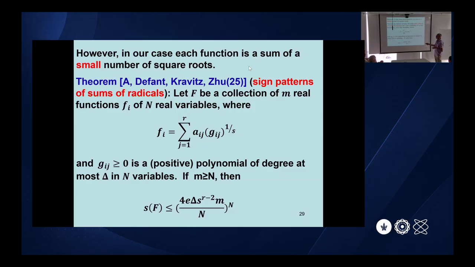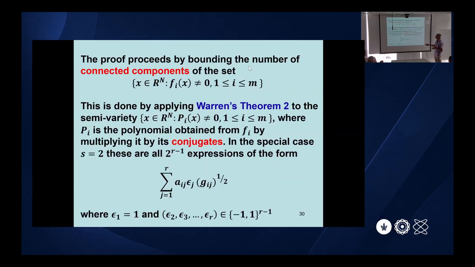So let me say something about how this is proved, because it's really simple, although it took quite a long time to realize this is what we have to do. You want again to bound the number of connected components of the set of points in which none of the functions is zero. So the trick is to multiply, as I said, I wanted to write one more thing.